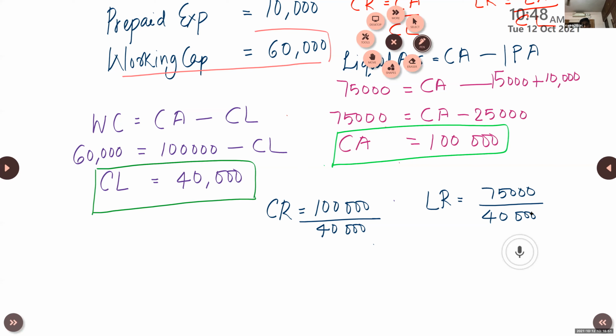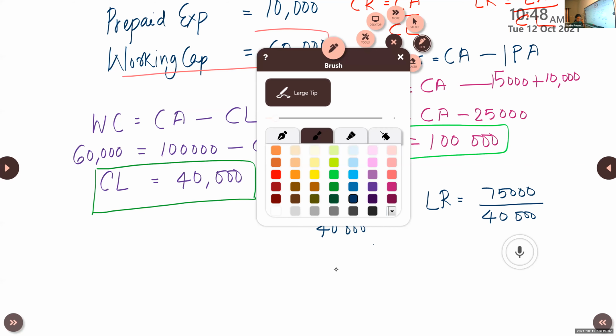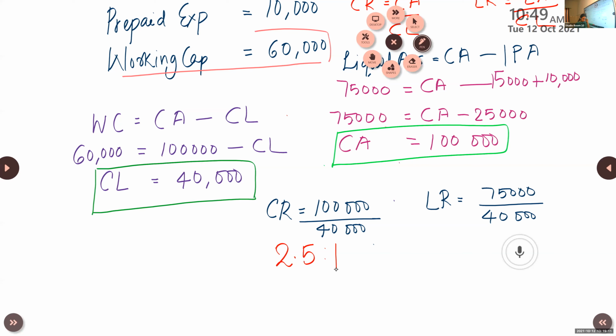2.5:1. That is current ratio, 2.5:1. Okay. LR? Yes, LR.